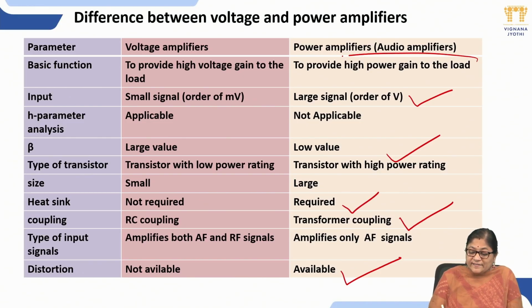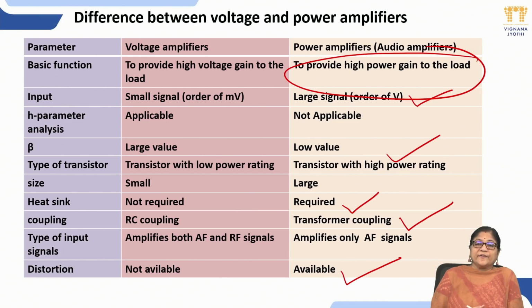Then it provides larger amounts of power. So it can be used wherever you want to amplify your signals from small volumes into larger volumes. So these are the advantages and disadvantages of power amplifiers compared with normal voltage amplifiers. So this is a small introduction about the power amplifiers.